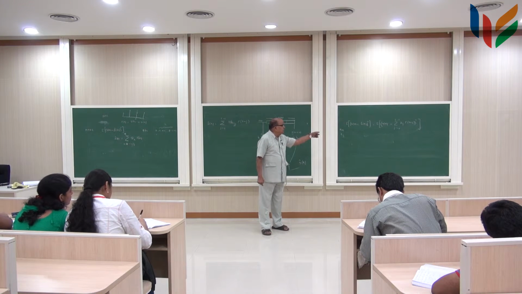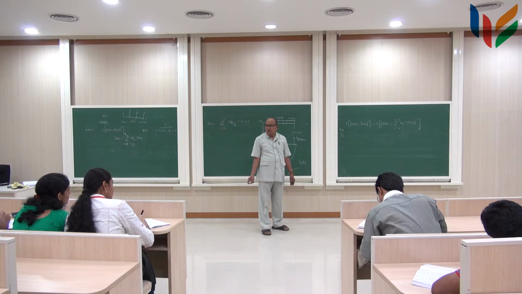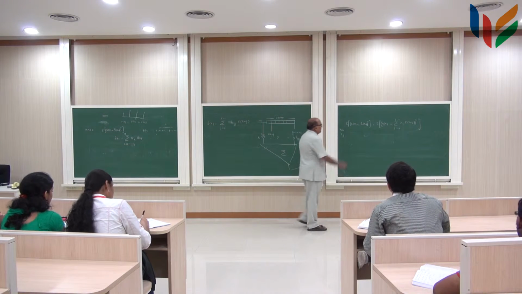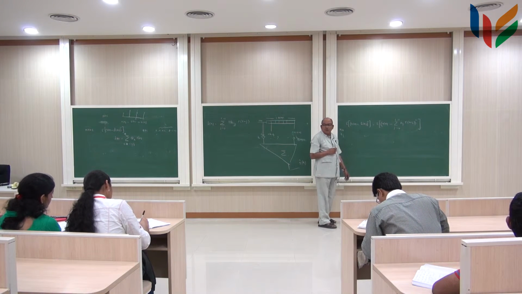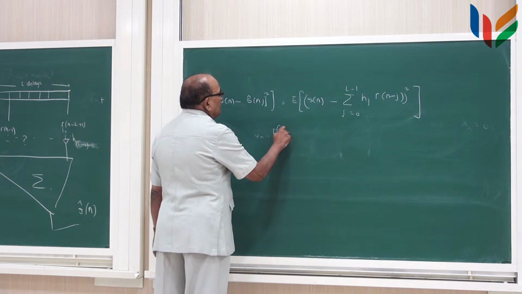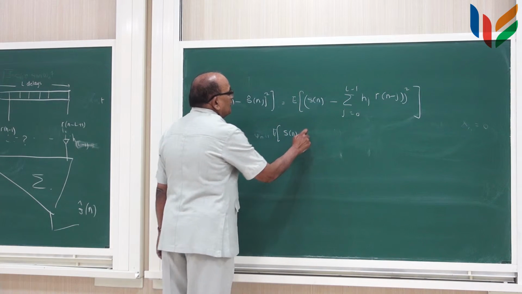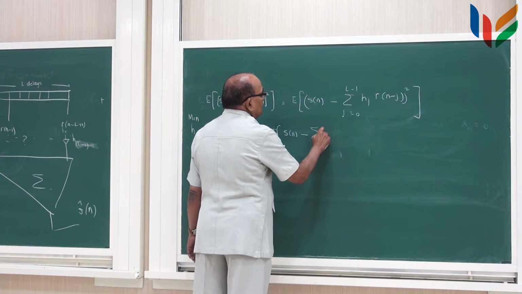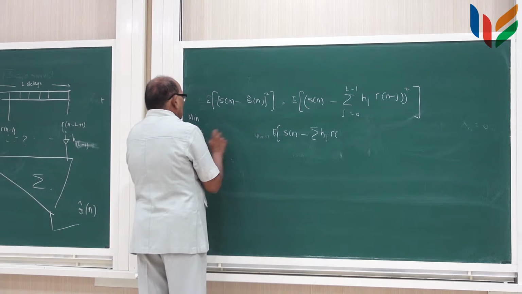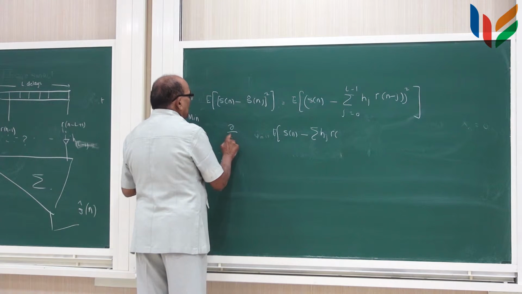What do we do with this to minimize it? Take the partial derivative with respect to every hj and equate it to 0. Let's say take the partial derivative with respect to hk.